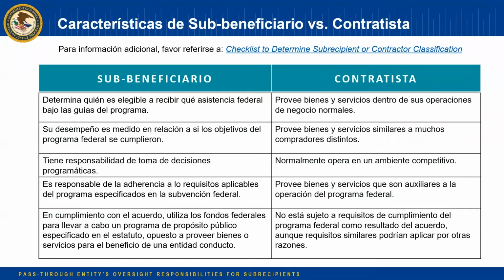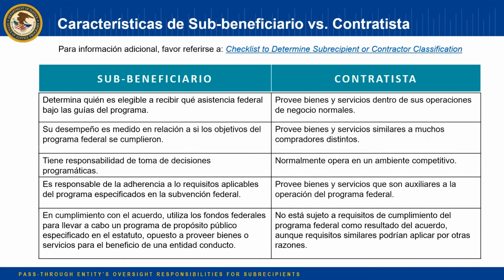So again, if I can determine that what's being transferred here to this other non-federal entity is to carry out an aspect of that particular grant program, 9 times out of 10, I am going to look at it as a subrecipient.